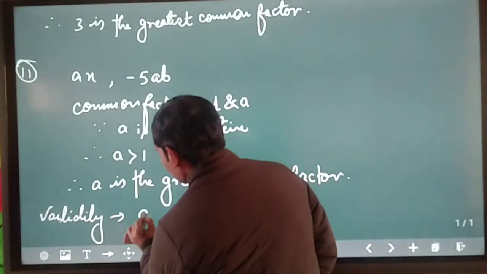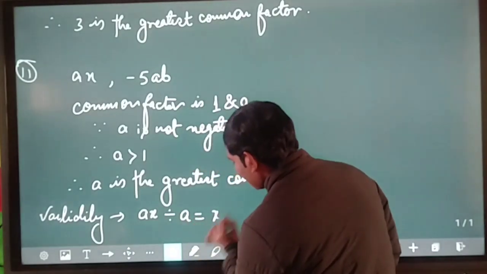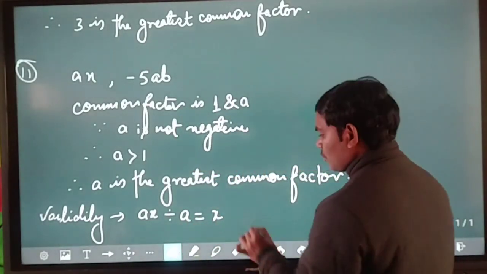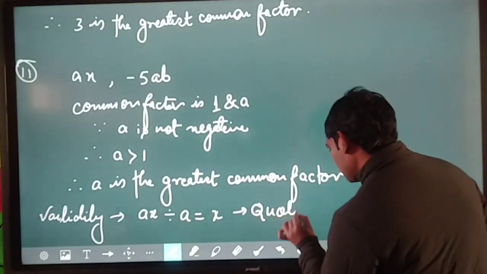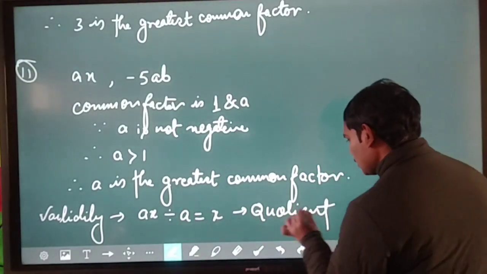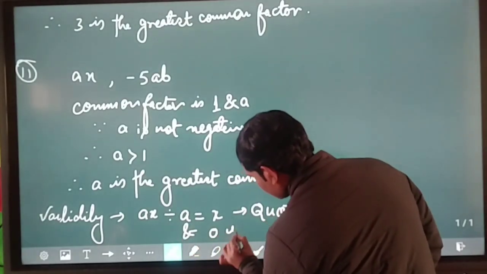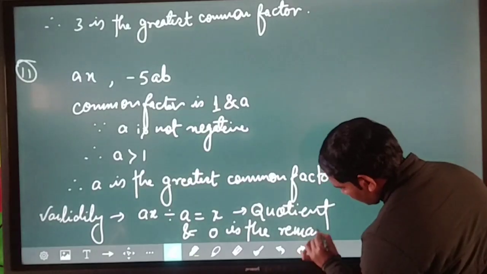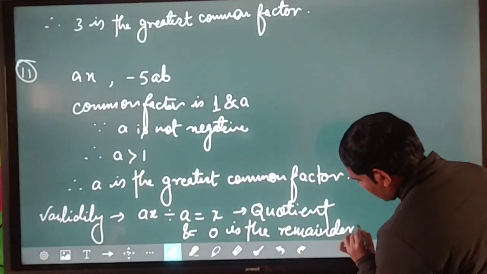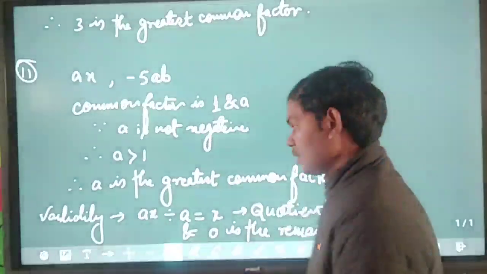When ax is divided by a, we get x as a quotient and 0 is the remainder. Therefore we can say that a completely divides ax.